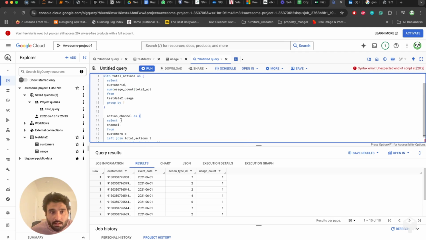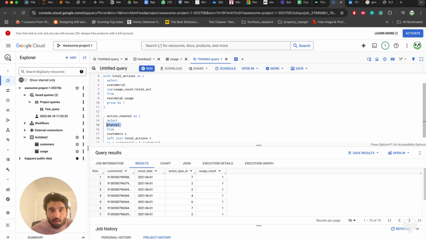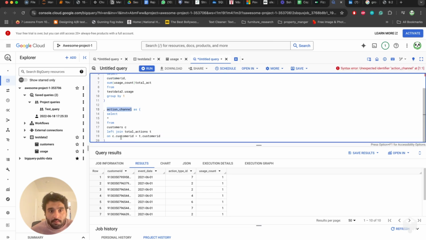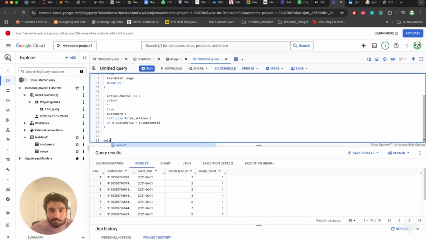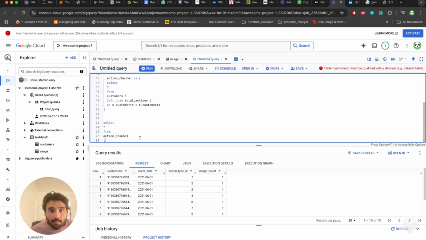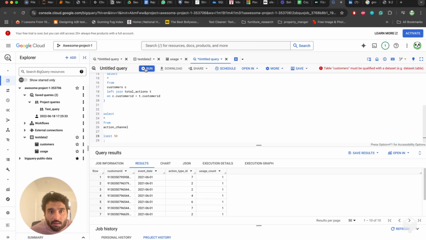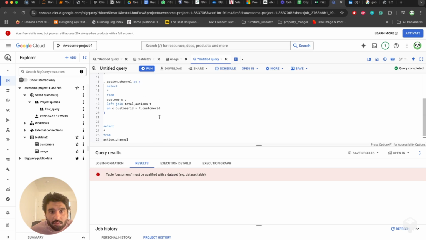So let's look at this data and see how it looks. From action channel, mind you, we are only interested in two channels. I'll do a limit of 50, give me 50 rows.